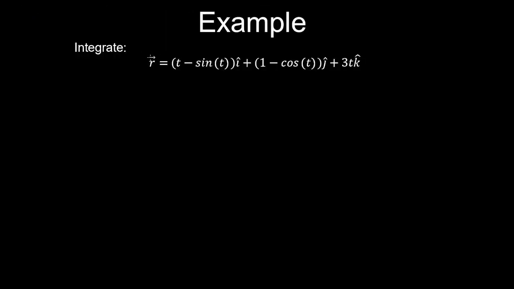Let's integrate the following vector valued function. So we can integrate this by integrating each component. So what we get is t squared on 2 plus cosine t plus a constant of integration.